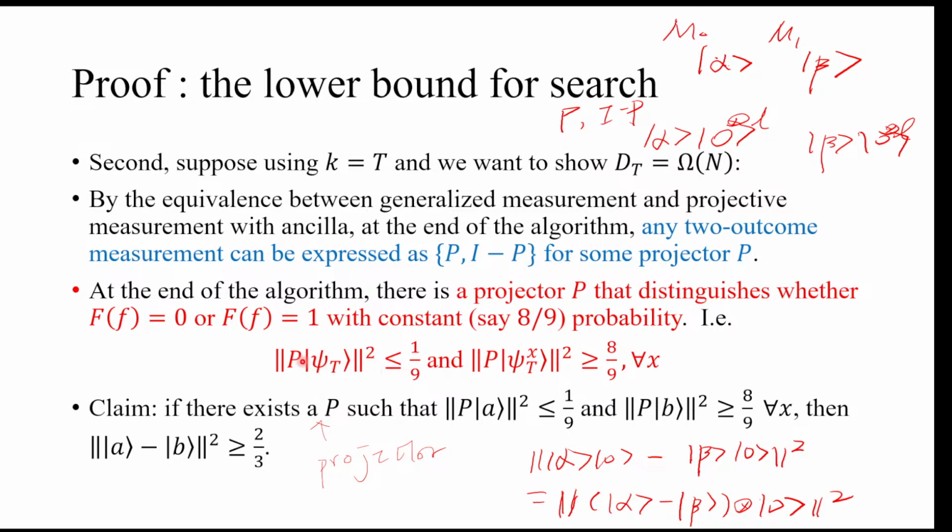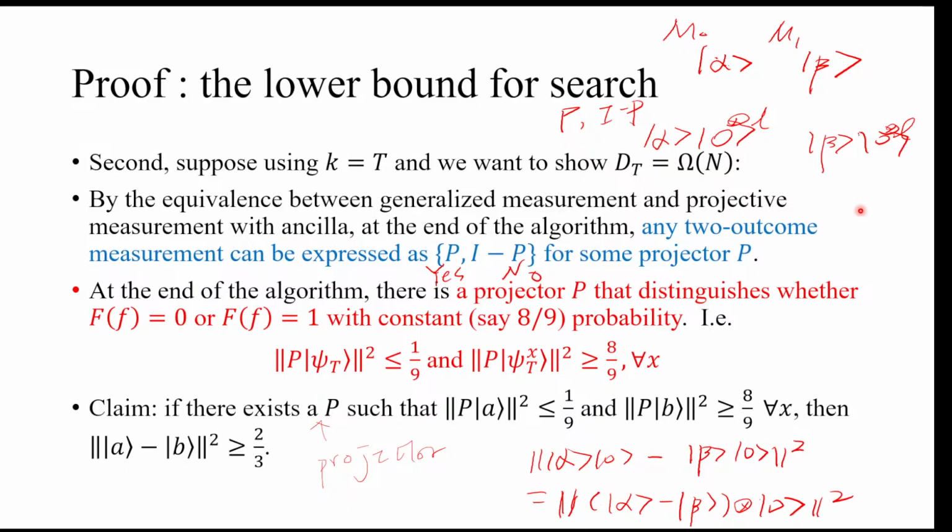P is the projector. If the projector P is a space where we think we are in a yes instance, and 1 minus P is a no. So P corresponds to yes, and 1 minus P corresponds to no.